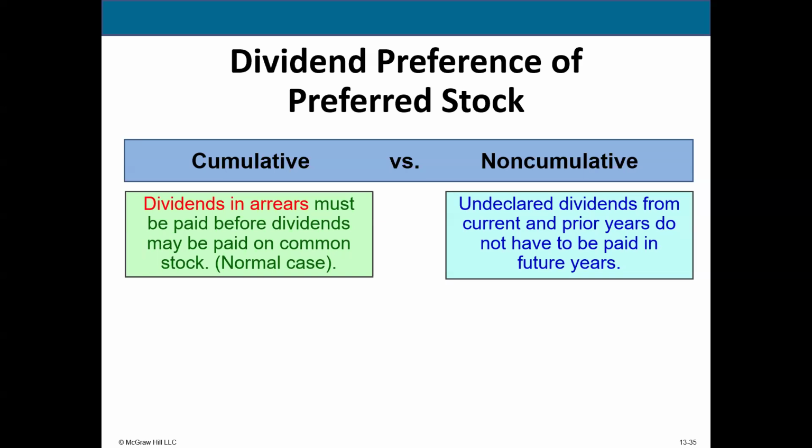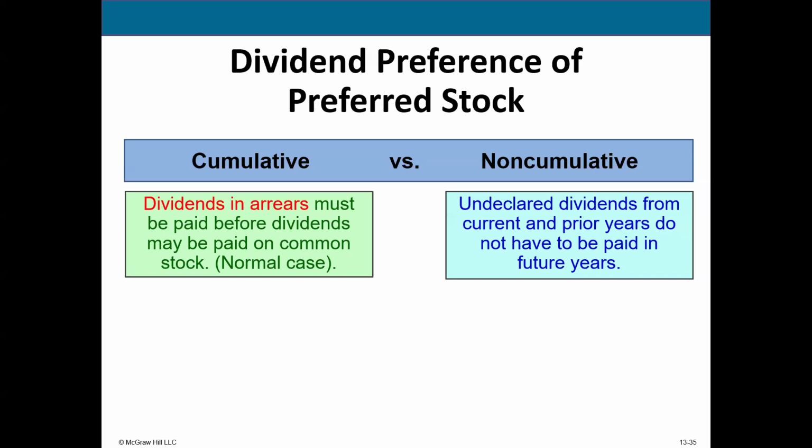Once again, preferred stock is over common stock. Or the preferred stock could be considered what we call non-cumulative. This has no prior periods, and so if there were any unpaid dividends, those simply get ignored.